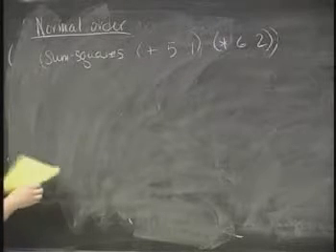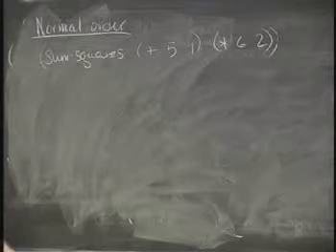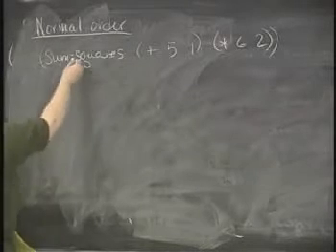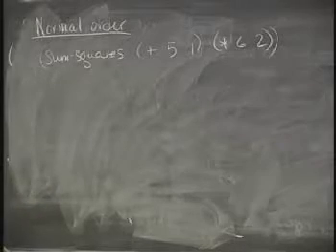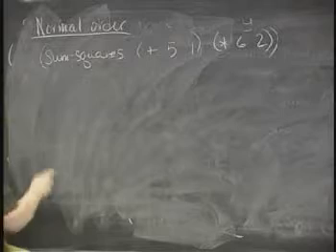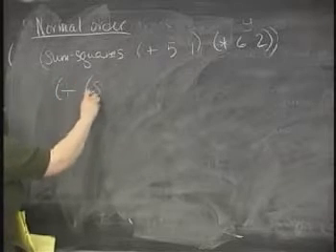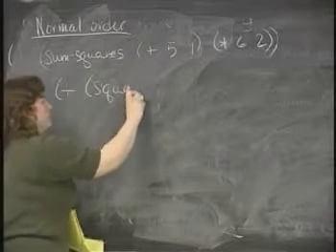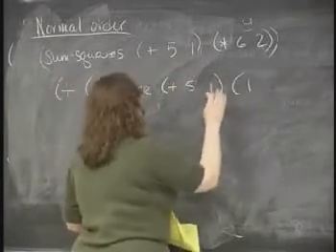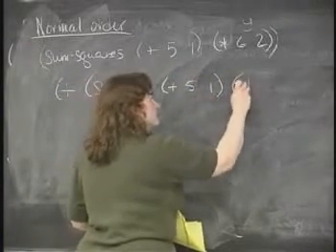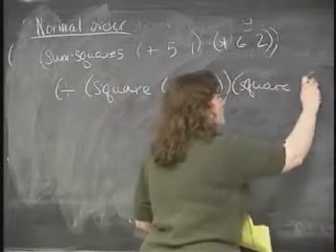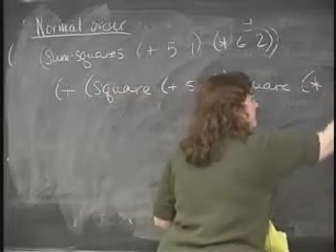I'm not going to go through the extent of the formality that we were going through with the substitution model. Sum of squares is a procedure that takes in two arguments, x and y. This is x, that's y, and it adds the square of x and the square of y.